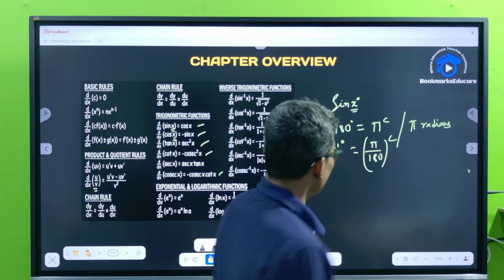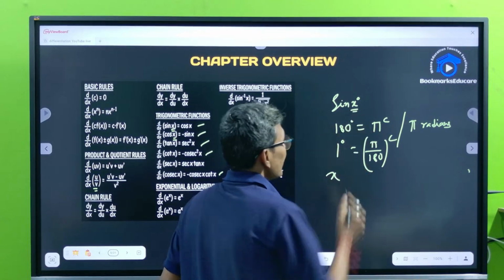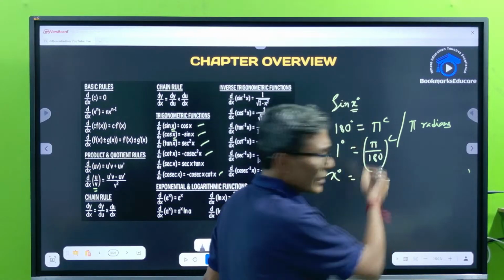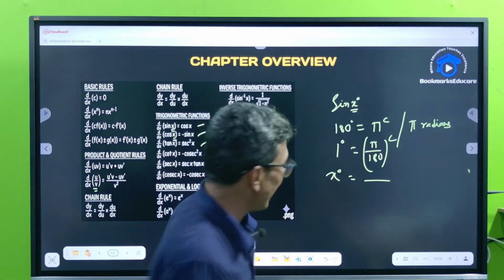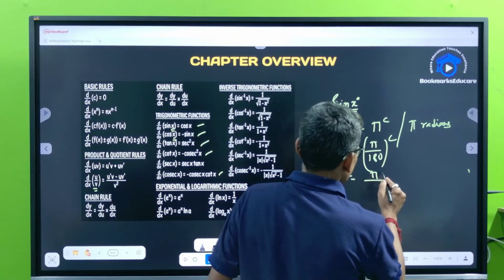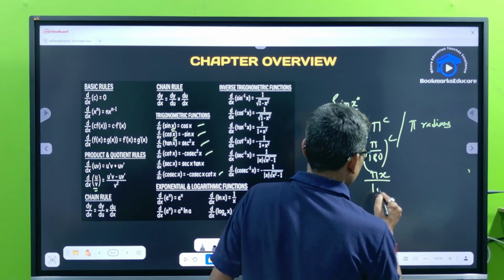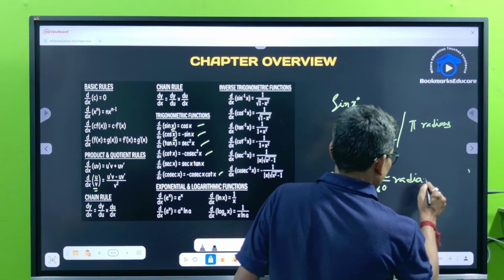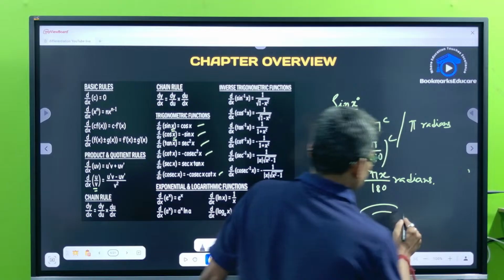So here the angle is x degree, which by the unitary method is equal to pi into x by 180 radians. So this is the conversion.